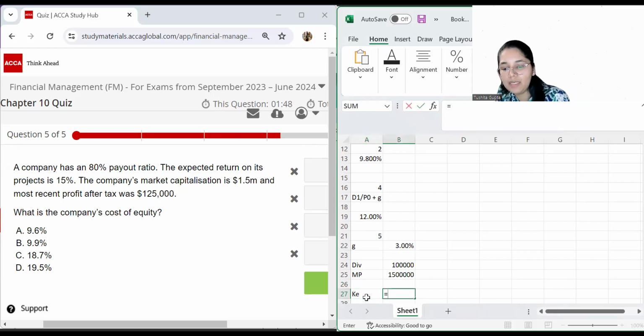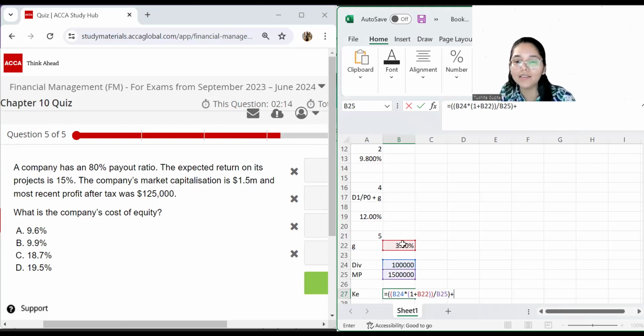So the cost of equity is, firstly you take your D1, this is your dividend, then you multiply this with 1 plus G. So into 1 plus G is right over here. This is your numerator. Then you divide this whole thing by your denominator, which happens to be the share price or the market capitalization in this case, and then you add the growth rate to it, so plus 3%.